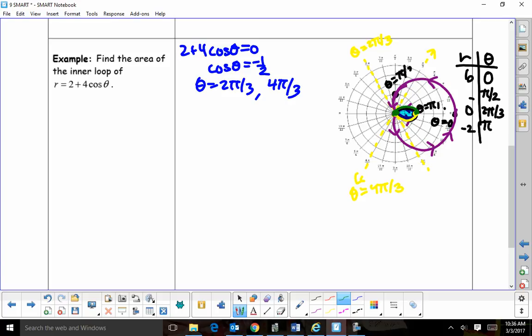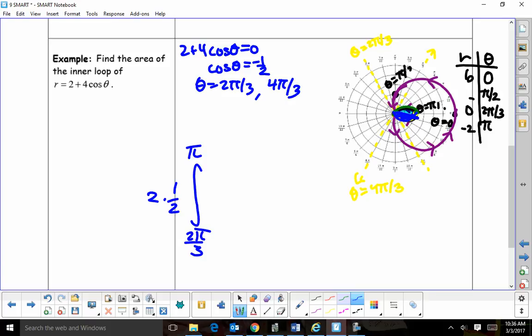I'm going to do the yellow. So I'm going to double, and I'm going to go from that 2 pi over 3 to the pi. And that would be the yellow part. Now it's going to be blue. The 2 pi over 3 into the pi gives me this bottom half, so that's why I'm going to double it.